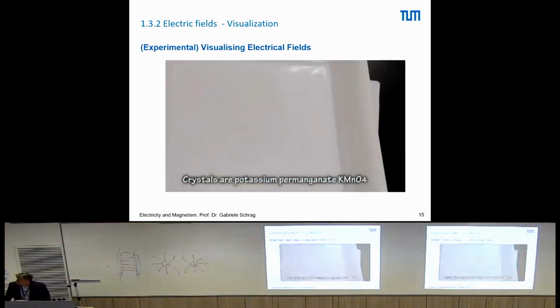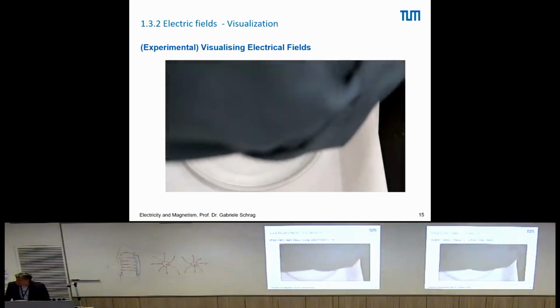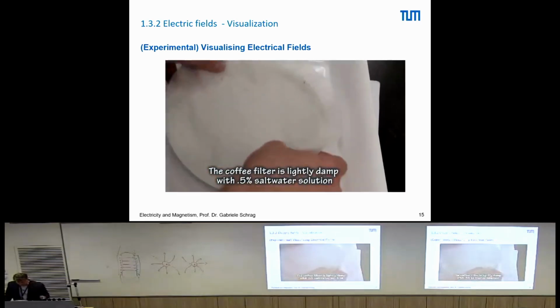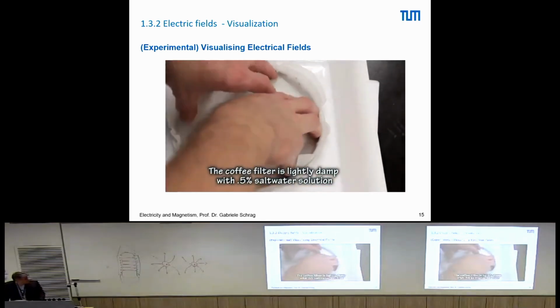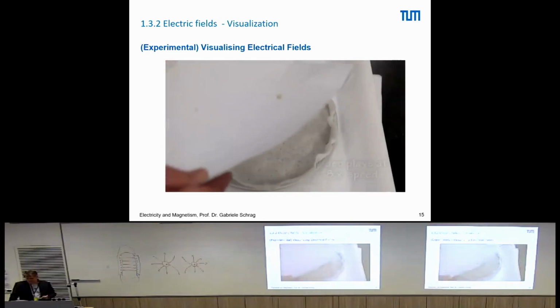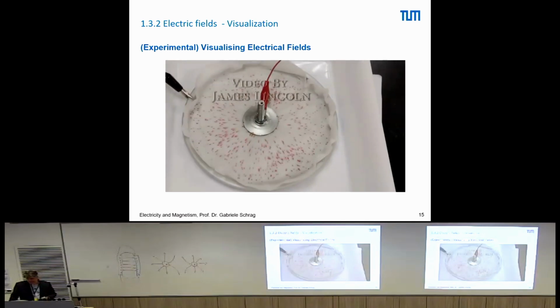These are not exactly the field lines, and that's also why they're not perfect. You see, however, that these crystals align themselves along where you would also see the field lines. There are different experiments being executed here. Again, there's this crystal being spread, and then you have to wait a bit till that really takes effect.